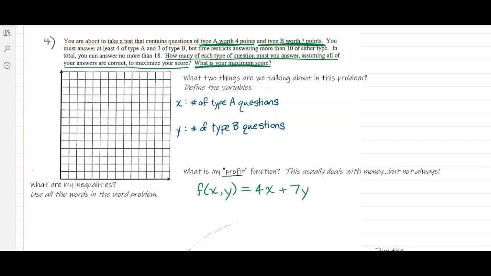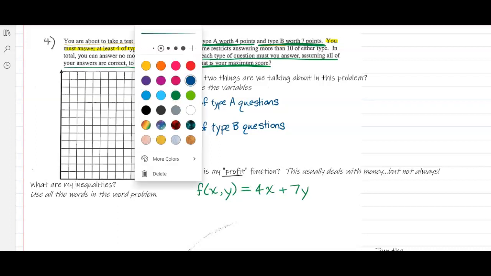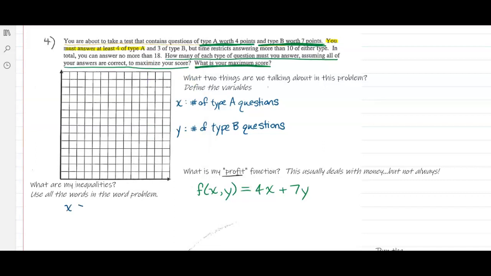Okay, so let's look at the other details that we have here. We have, you must answer at least 4 of type A. The number of type A questions is at least 4. The number of type A questions, that's X, is at least, meaning greater than or equal to, 4.